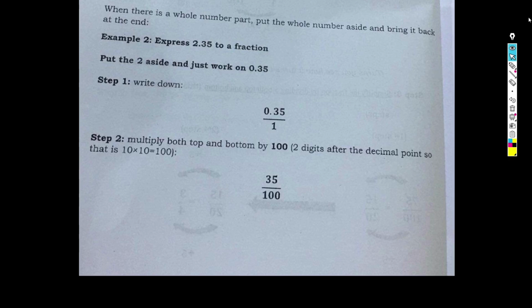When there is a whole number part, put the whole number aside and bring it back at the end. Express 2.35 to a fraction. Put the 2 aside and just work on 0.35 like this, 0.35, and you multiply the top by 100.